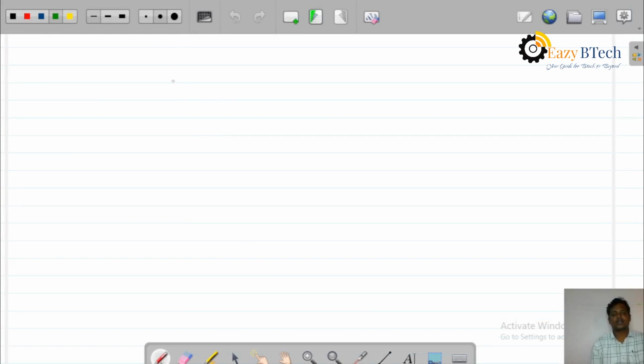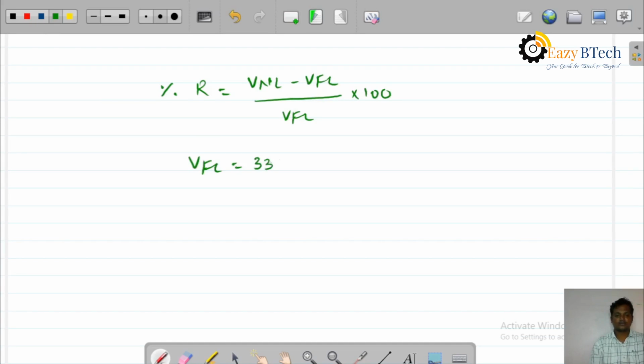Like that, I have to calculate the regulation. For regulation, we know that percentage regulation equals V no load minus V full load, divided by V full load, into 100. Here V full load is 33,000.